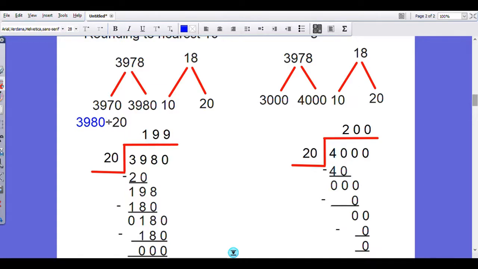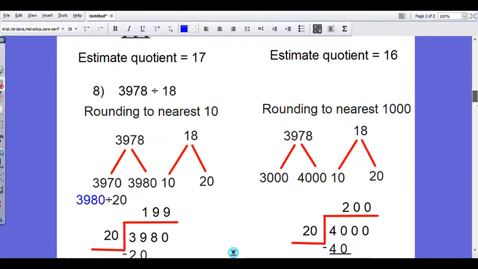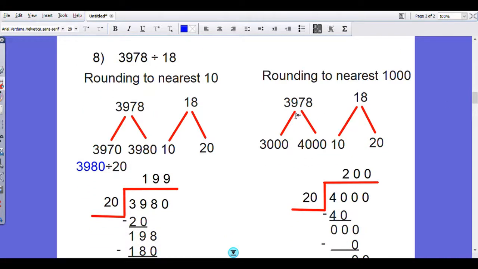And if you solve with nearest to 1000, then 3978 is in between 3000 and 4000, and 18 is the same, between 10 and 20. So it's much closer to 4000.